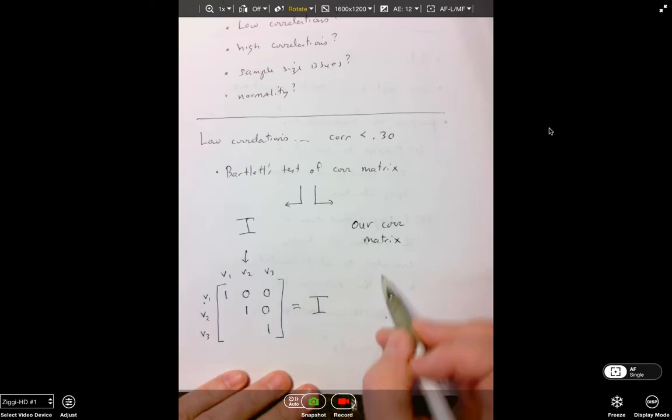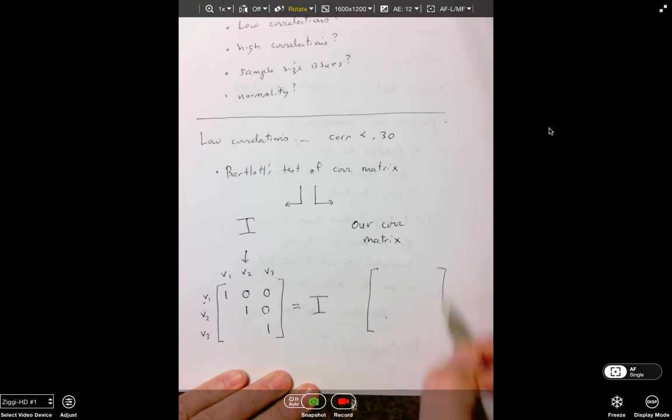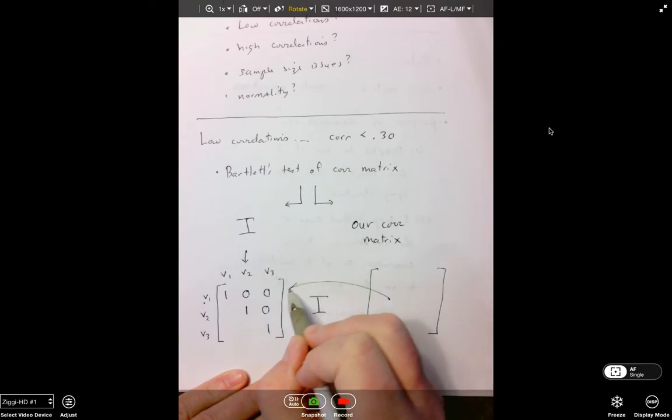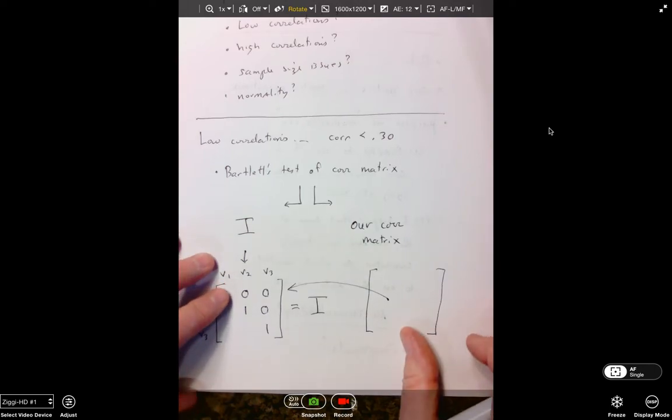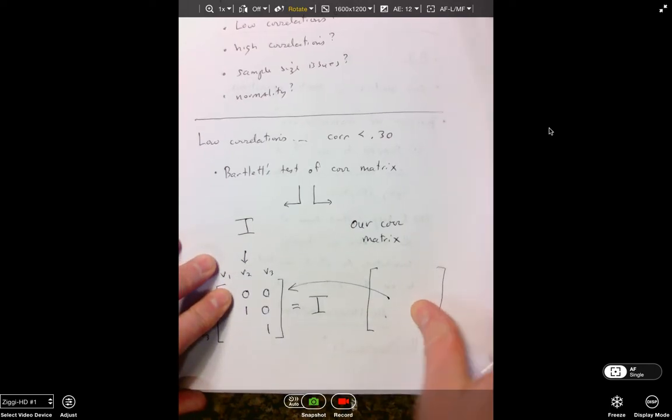Well, what we can do is compare our matrix to this to see if the difference is statistically significant, because we want our correlation matrix to differ statistically from the identity matrix. And it's really kind of cool because that's exactly what Bartlett's test does for us. Okay?